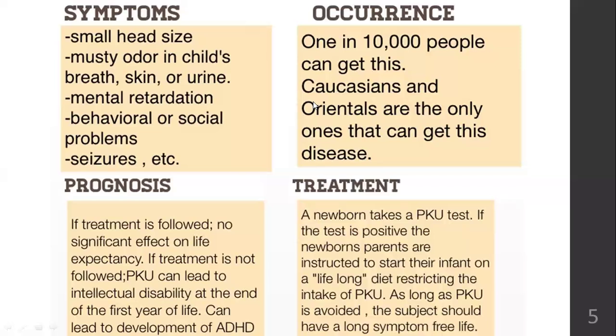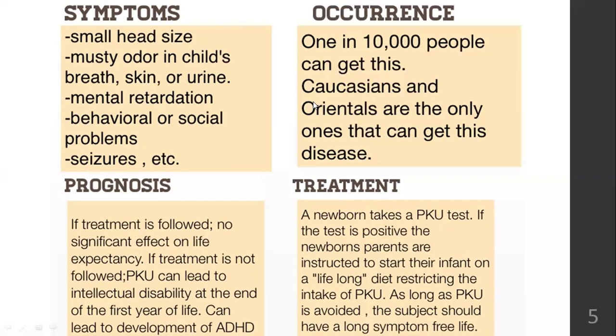Treatment. A newborn takes a PKU test. If the test is positive, the newborn's parents are instructed to start the infant on a lifelong diet which restricts the intake of phenylalanine. Lifelong, you can never take phenylalanine-based food, because your body does not have the capacity to digest it.